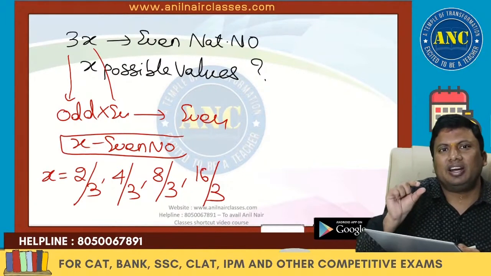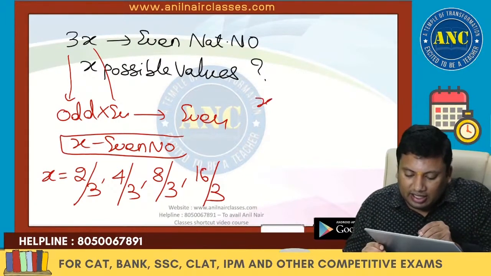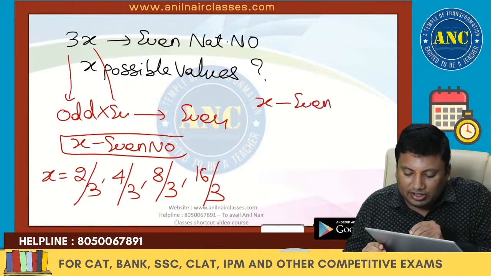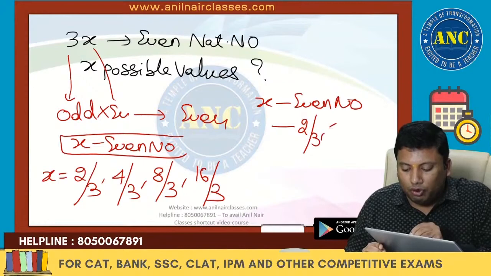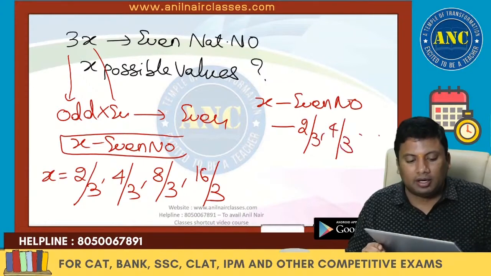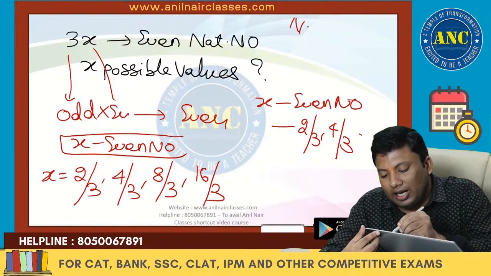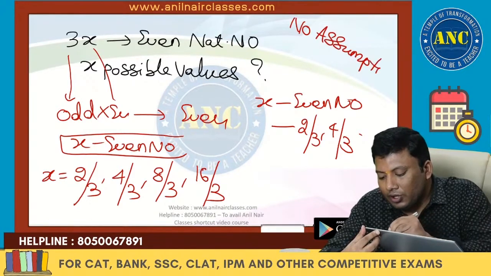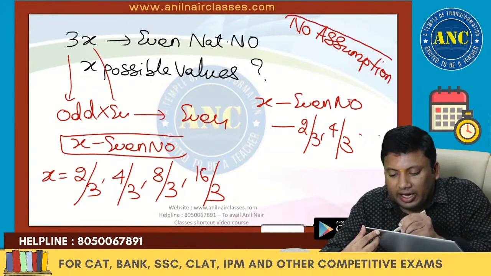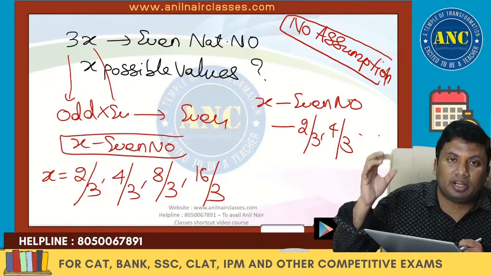This is where half knowledge is very, very dangerous. x is an even number and x will be 2 by 3, 4 by 3 and so on. The learning from this question is: no assumptions. You are assuming that x is a natural number when it is not given in the question.